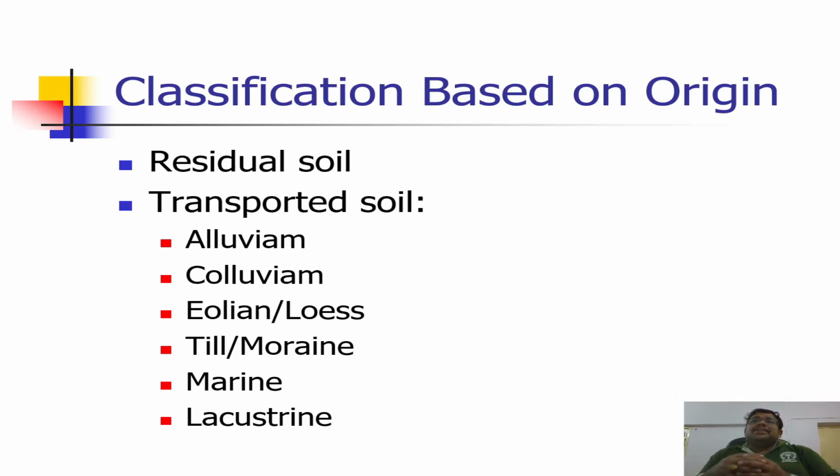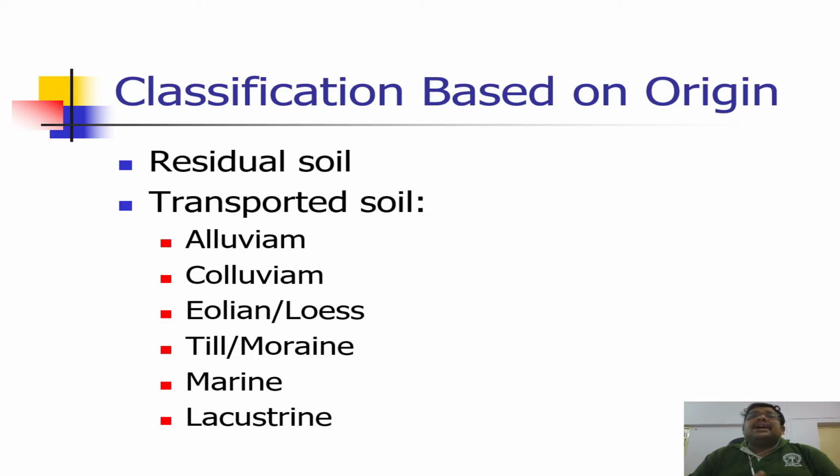Residual soils are the soils which form at the place of their original parent rock. If you go to the western part of our country and see the black cotton soil of Maharashtra and Karnataka, these are soils which develop over their parent rock. So they are examples of residual soil.